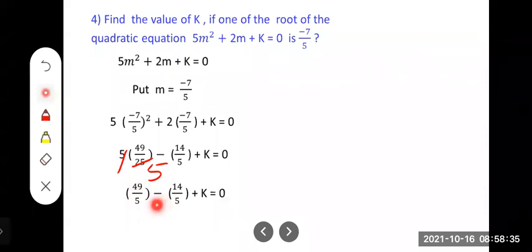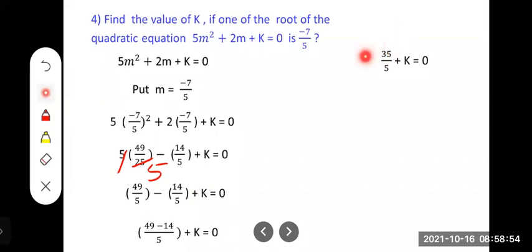Now 49 upon 5 minus 14 upon 5. Our denominators are the same, so we can subtract easily. Yes, take that 5 down and 49 minus 14, plus k as it is. So 49 minus 14, how much will you get? 35.